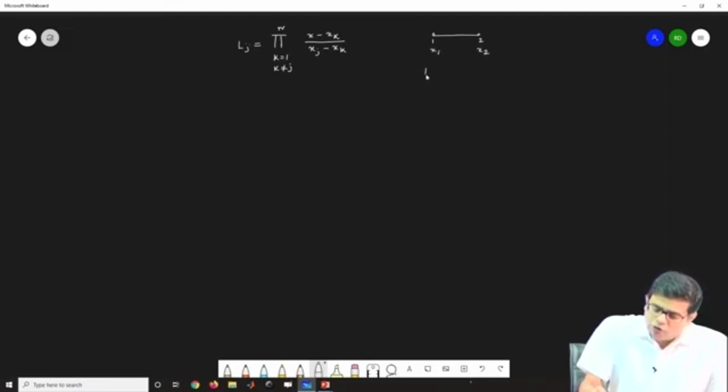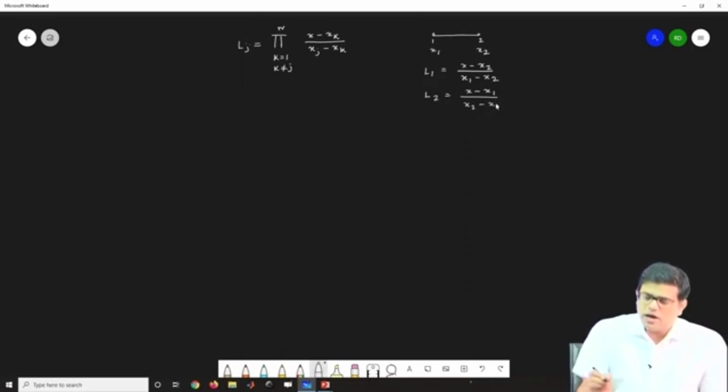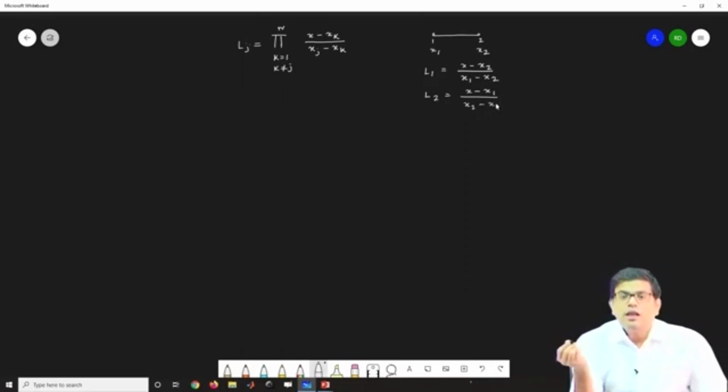So L1 is basically x minus x2 by x1 minus x2, and then L2 is x minus x1 by x2 minus x1. So this is the Lagrange polynomial, which is a linear polynomial, obviously the linear Lagrange polynomial.